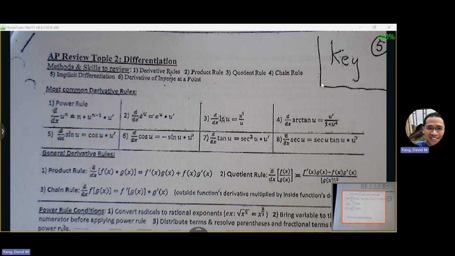And then the integral of 1 over u du is natural log, absolute value of u, plus C. Integral of 1 over x is just natural log, absolute value of x.